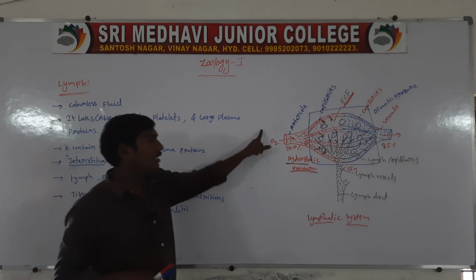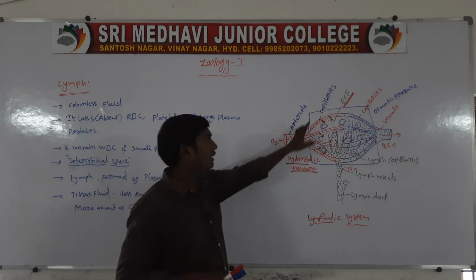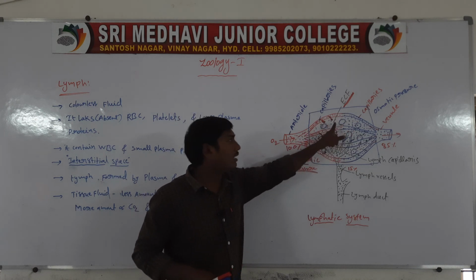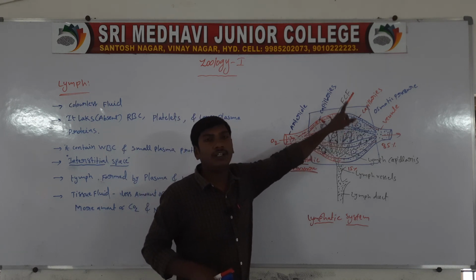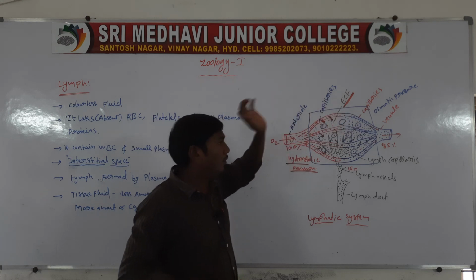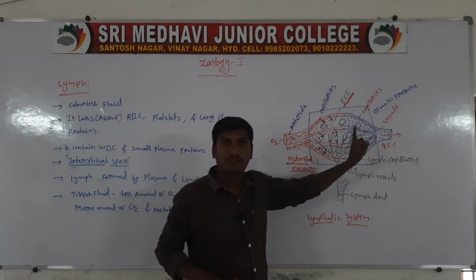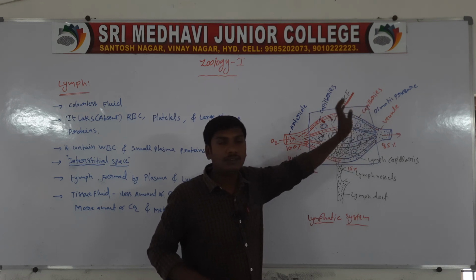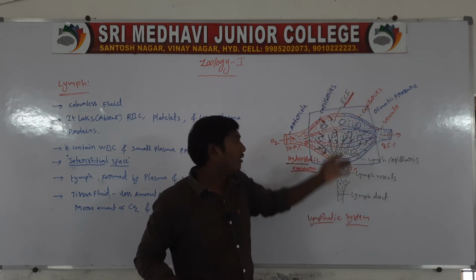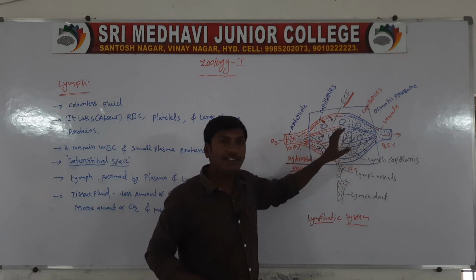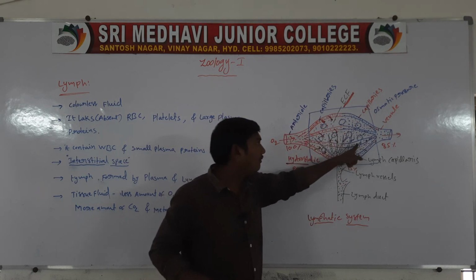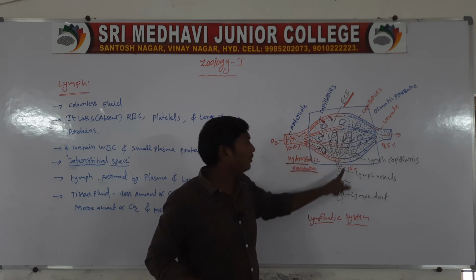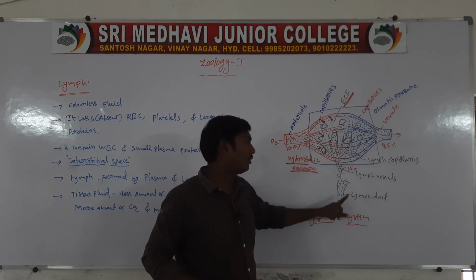So the fluid from the arteriolar capillaries enters the tissue space and is called the extracellular fluid. Of that, 85% goes from the venular capillaries to the venules, and the remaining 15% enters the lymph capillaries, then the lymph vessels, then the lymph ducts.